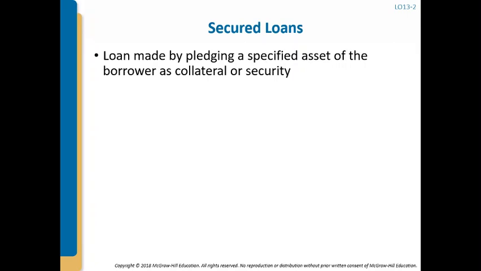Now you could have secured loans, and usually you think of more long-term obligations being secured loans, but you could have a credit line that's secured, most often secured by inventory or receivables.